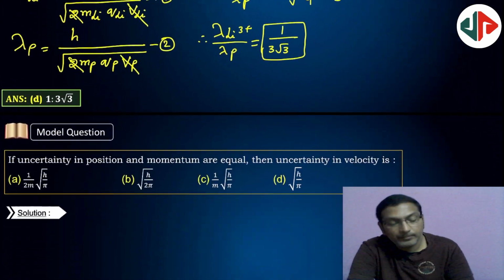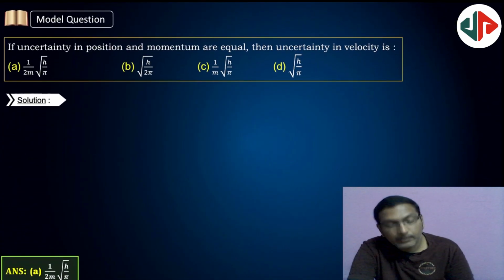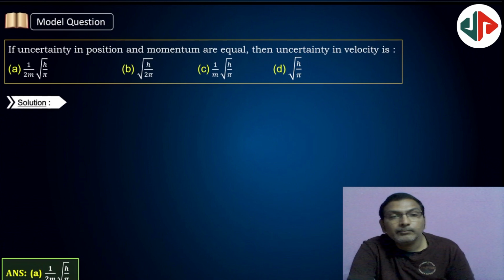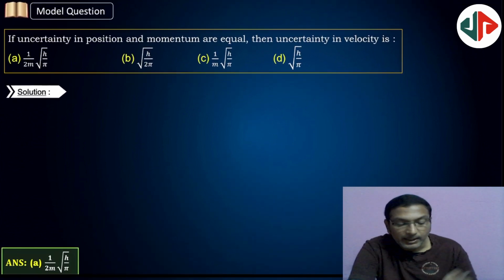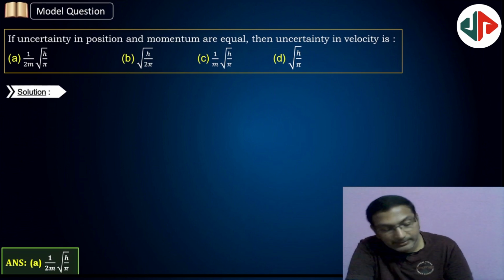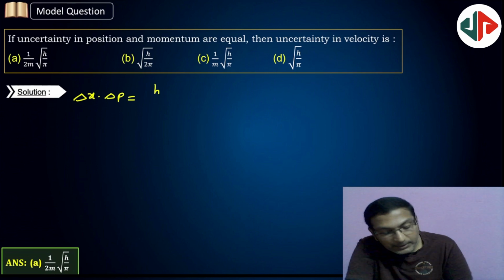Next question. Here the uncertainty in position and momentum are equal, then the uncertainty in velocity is. This is the concept of the Heisenberg uncertainty principle. Delta x into delta p equals h by 4 pi.